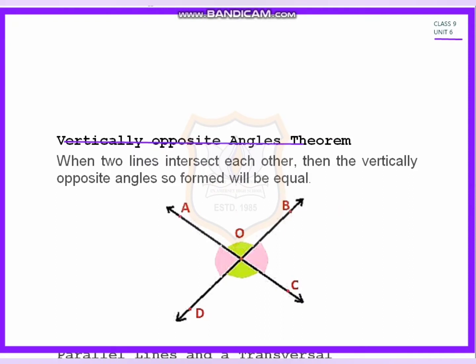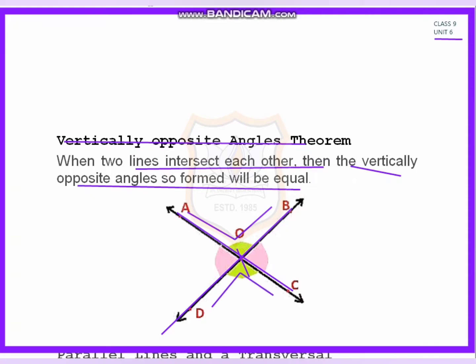Next is the vertical opposite angle theorem. When two lines intersect each other, the vertically opposite angles formed will be equal. Here these two lines intersect each other: the first line is AC and the other line is BD, which intersect at this point O. By this theorem we can say angle AOB equals angle DOC.